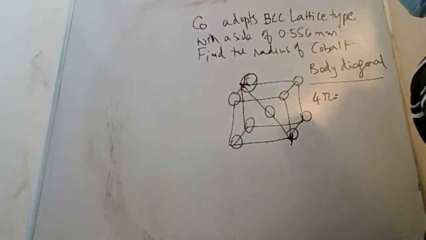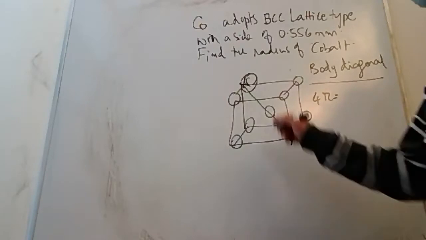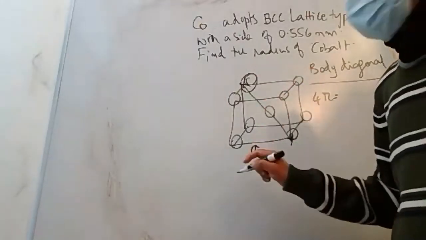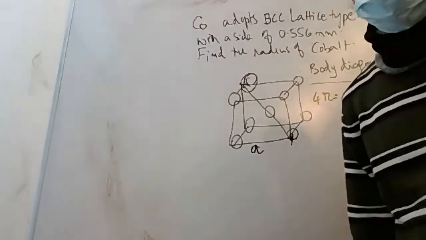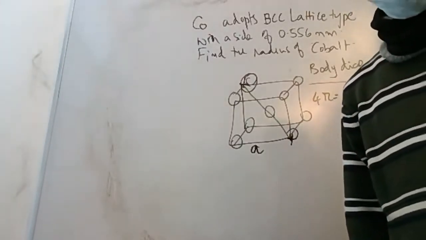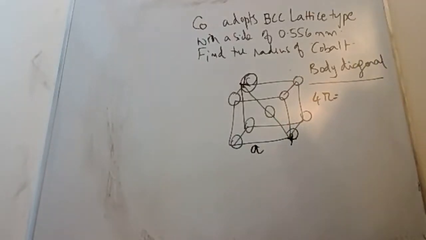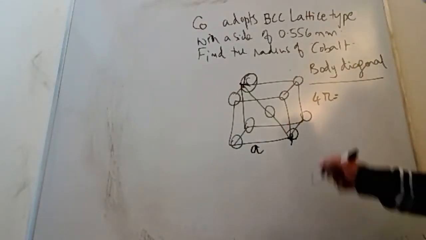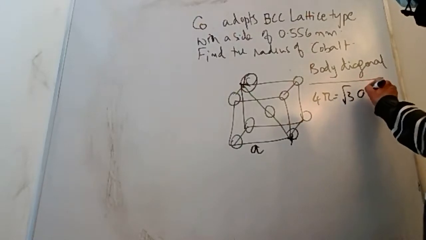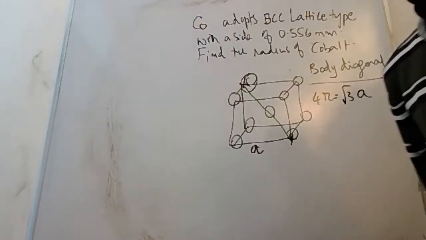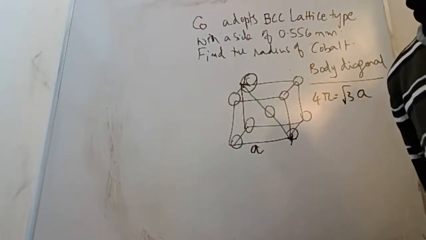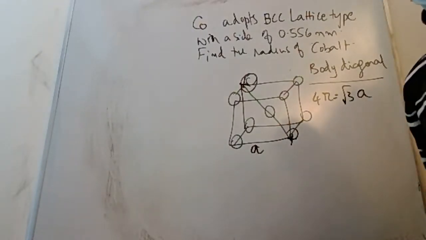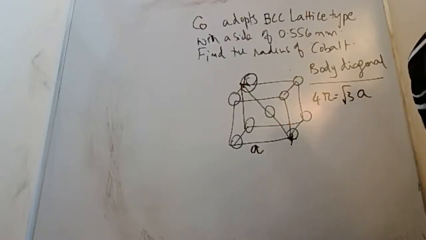That will be equal to what? What is the length of the body diagonal if the side is a? Square root of 3 times a. That's correct. But the face diagonal is square root 2 times a, and body diagonals are longer for a cube.